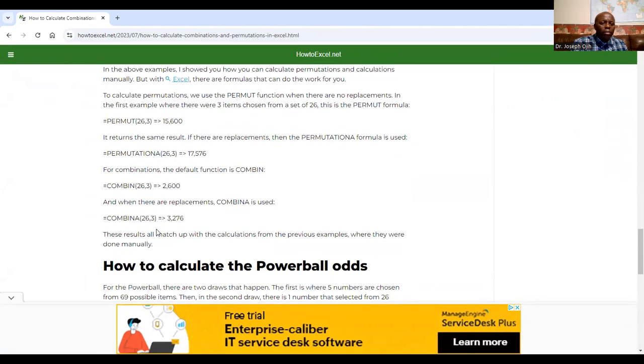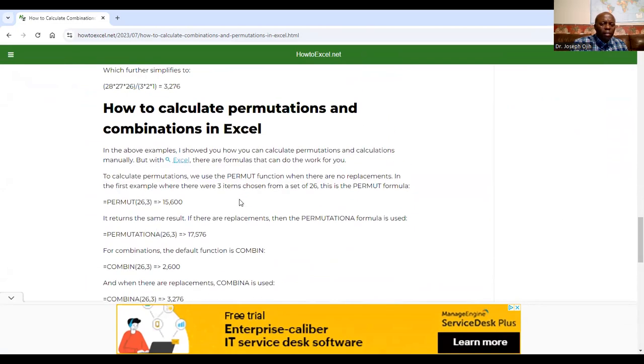Excel. Good. So say we have permutate, calculate the permutation, 3 items to choose from a set of 26. So you have the permute formula. Okay, I used the wrong formula. That's why. Okay, I see.